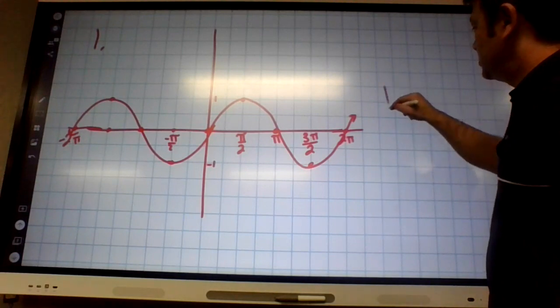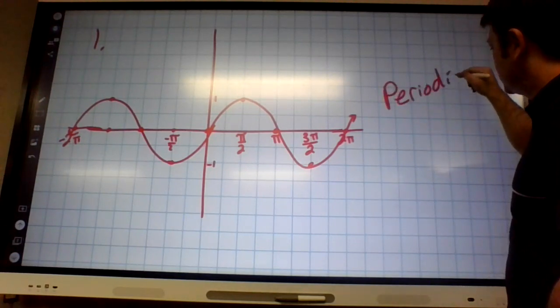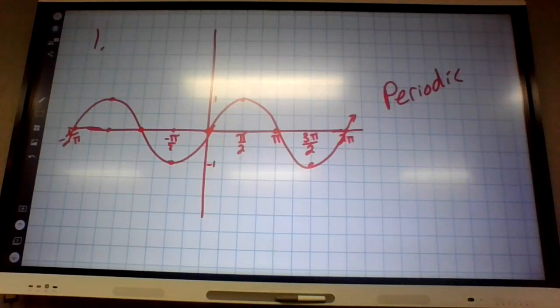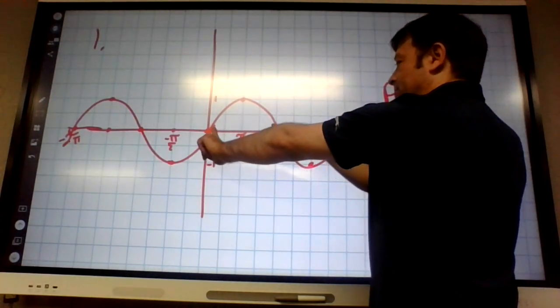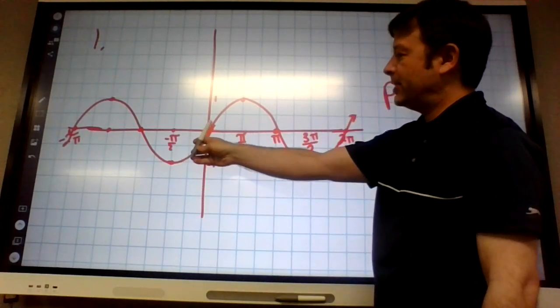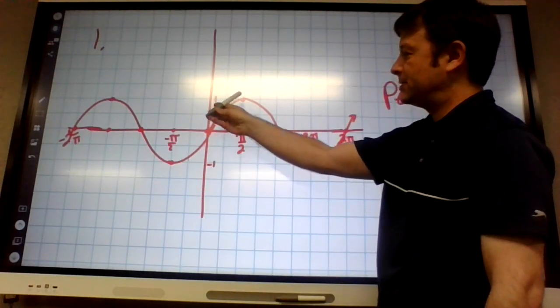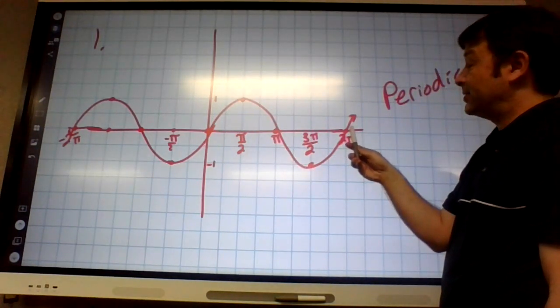Okay, this is called a periodic function, sine and cosine, because they periodically repeat themselves. How far does it go before it starts repeating itself? Notice at 0 it's going up through the x-axis, and not until 2 pi does it start doing that again.